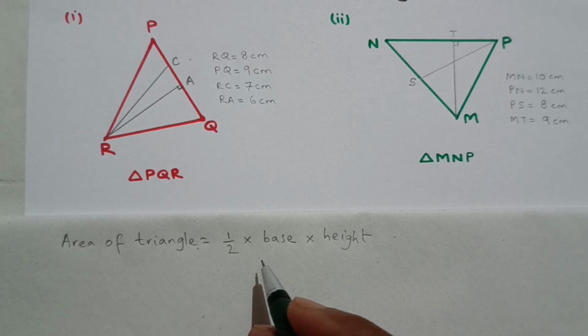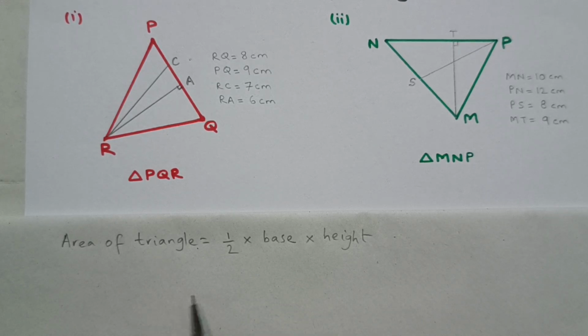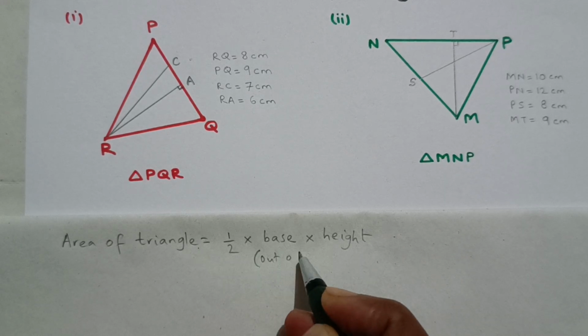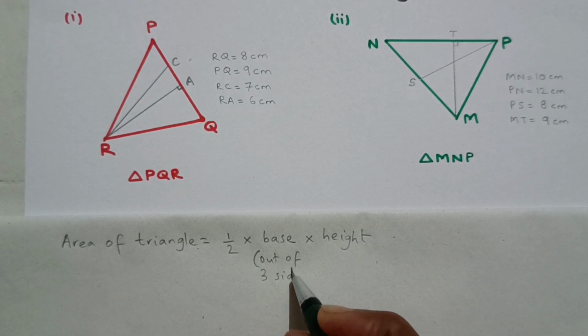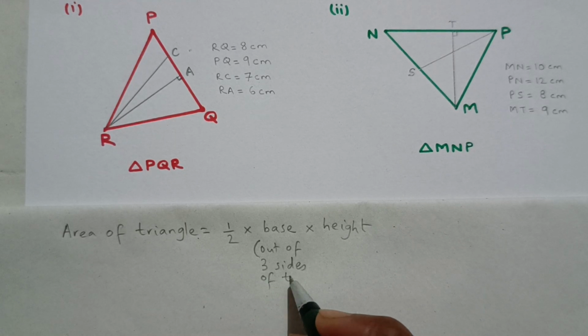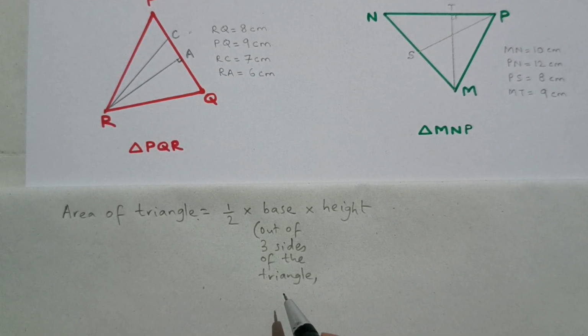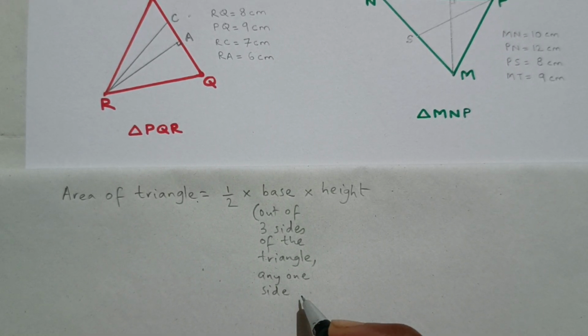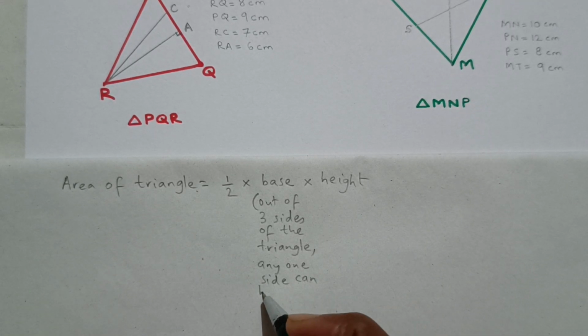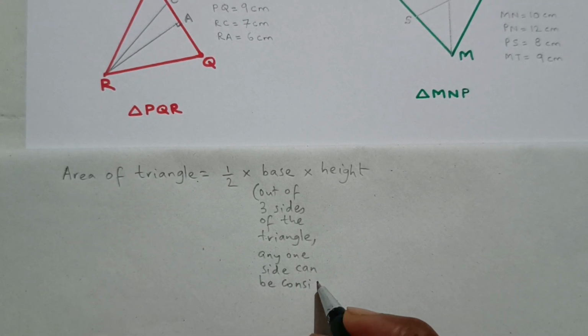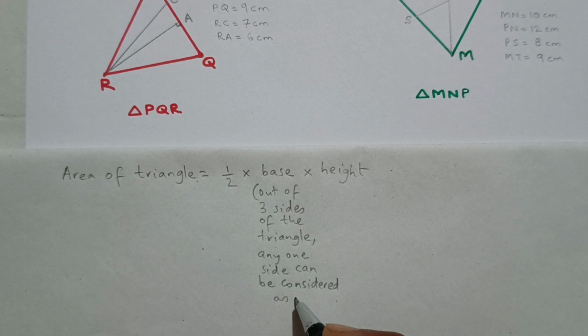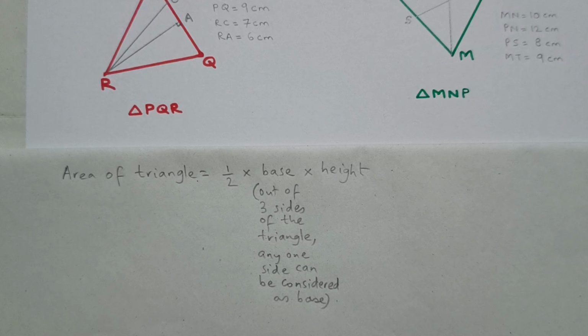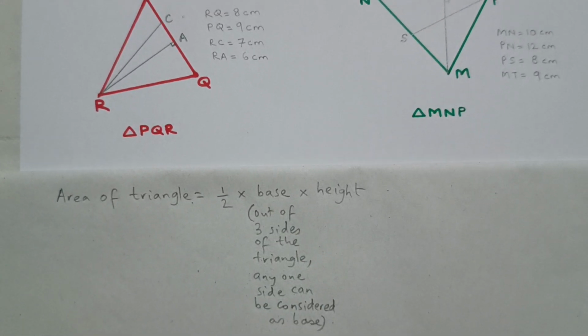So base means out of the 3 sides of the triangle, any one side can be considered as base. So this is the meaning of base.